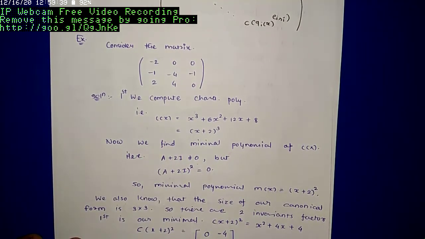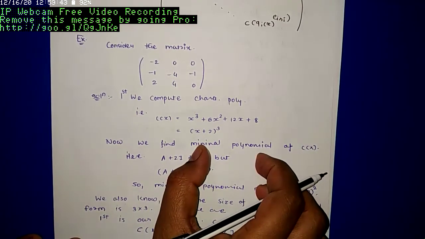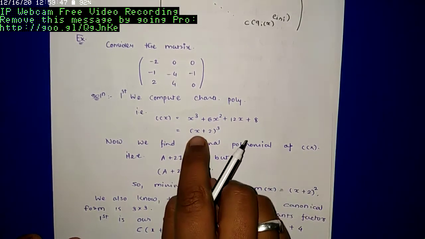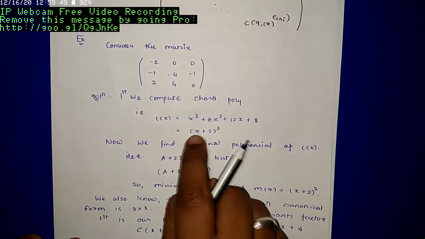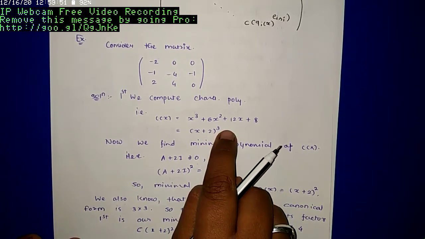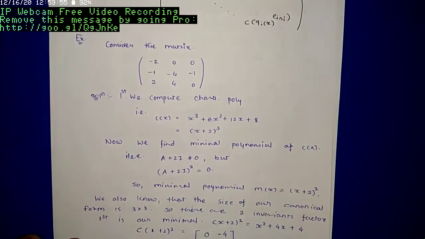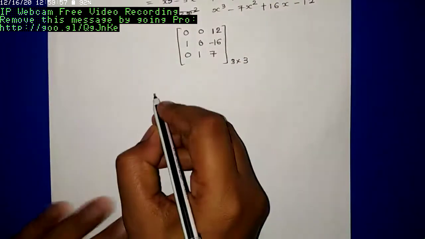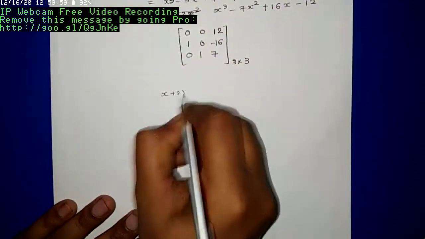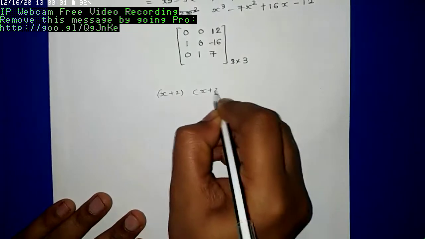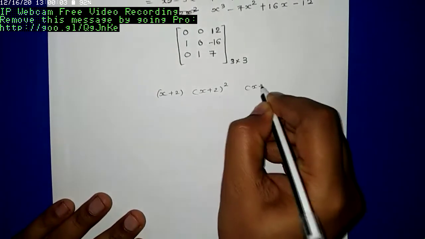For that we need to find the minimal polynomial. And how to find the minimal polynomial? Here your characteristic polynomial is (x plus 2) cube. So the possible minimal polynomial must be either x plus 2, or (x plus 2) square, or (x plus 2) cube.